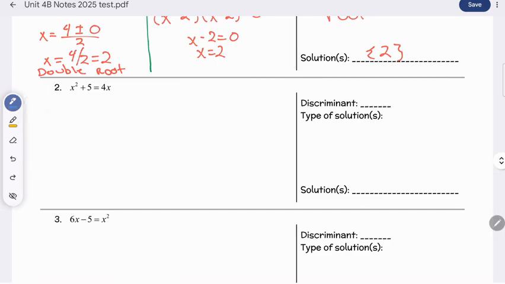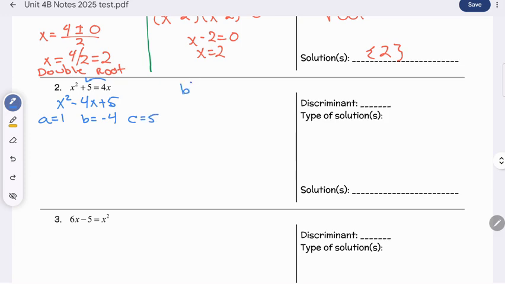All right, I have x squared plus 5 equals 4x. So that tells me right now I need to do a little math. I need to move this over here. So that's going to give me x squared minus 4x plus 5. All right, so here my a is going to be 1, b is going to be negative 4, and c is going to be 5.